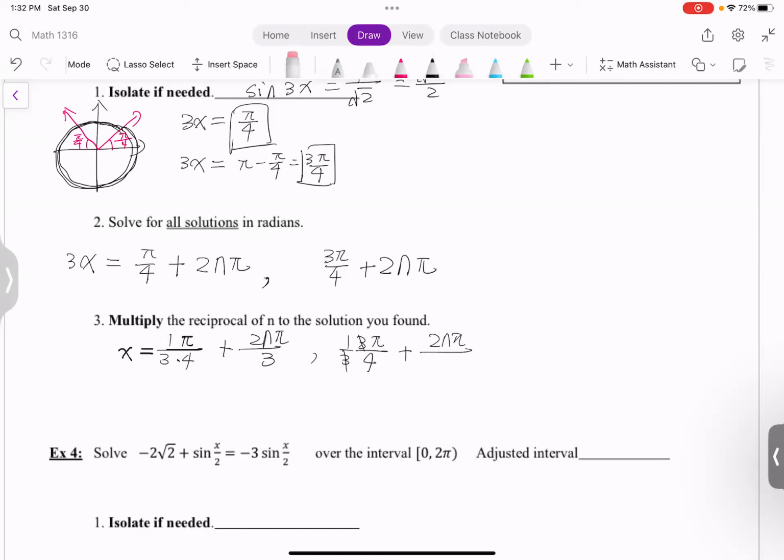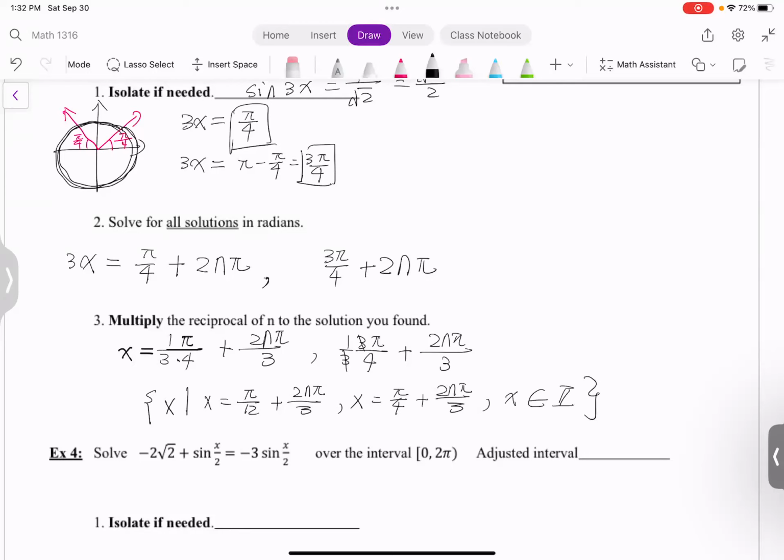And if I want to list the solution in set notation, I say all the x such that x equals pi over 12 plus 2n pi over 3, or x equals pi over 4 plus 2n pi over 3, for all n integers.